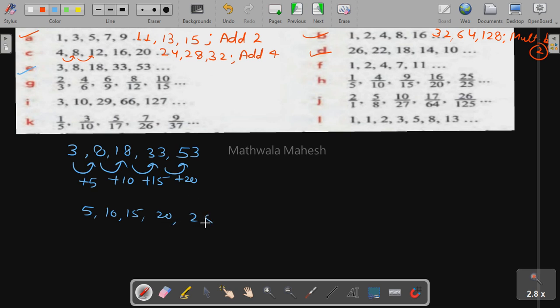Okay, these are multiples of 5. So we have to add the next multiple of 5, which is 25, then 30, then 35. So write this one: the next three terms are 78, 108, 143.